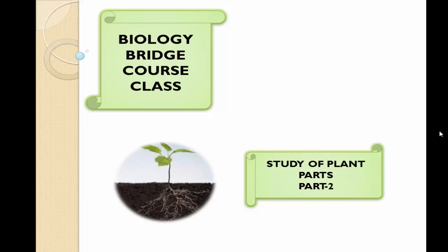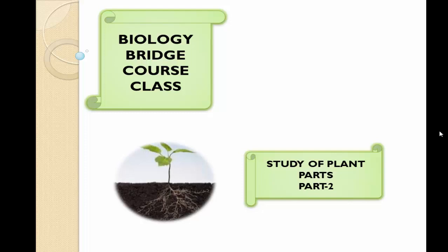There are 6 main parts: root, stem, leaves, flower, fruit and seeds. I also explained that roots arise from the radicle, which represents the first organ of the embryo when the seed is germinated, and further it develops into the entire root system.